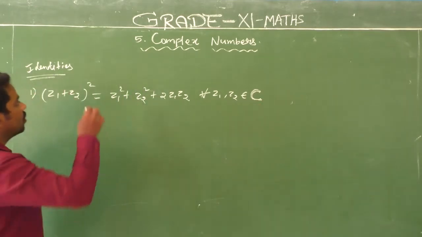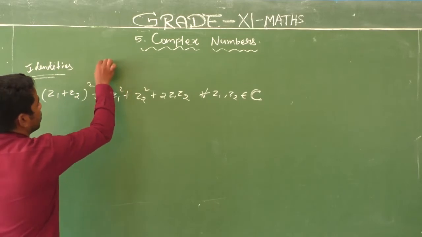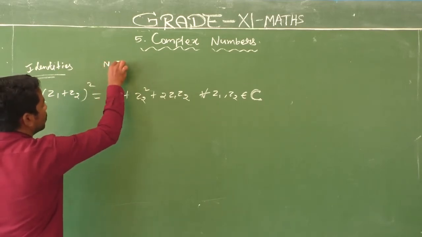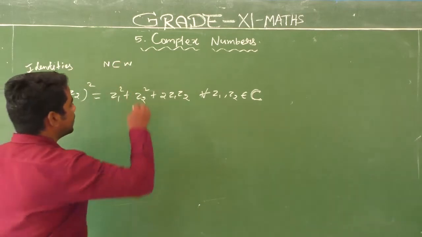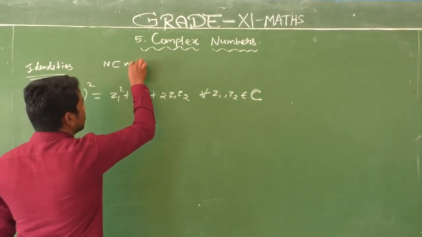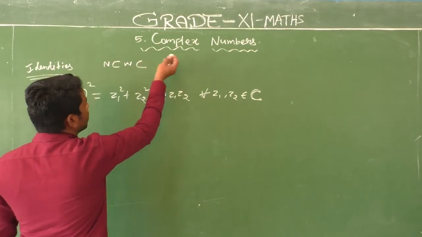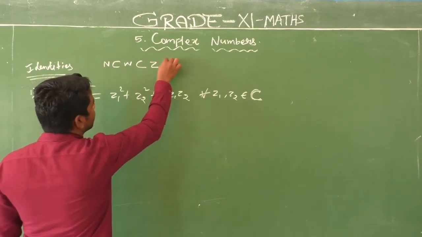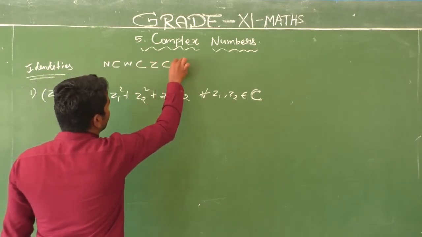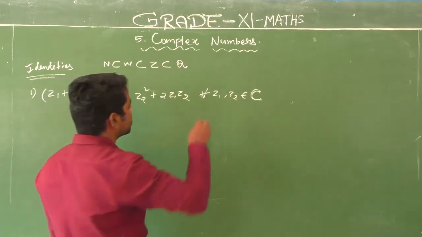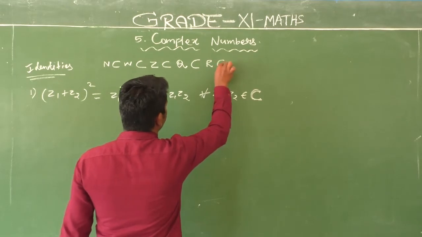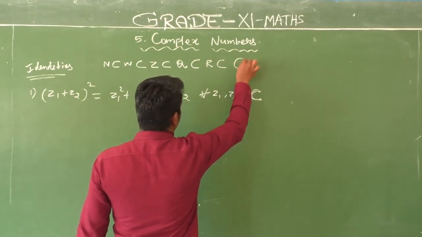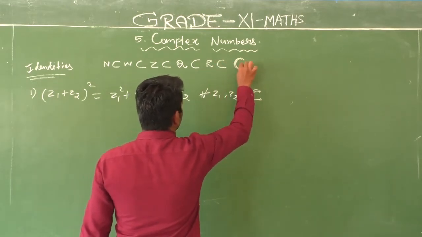Already we know a natural number is contained in whole numbers, which are contained in integers, which are contained in rational numbers, which are contained in real numbers, which are contained in complex numbers.